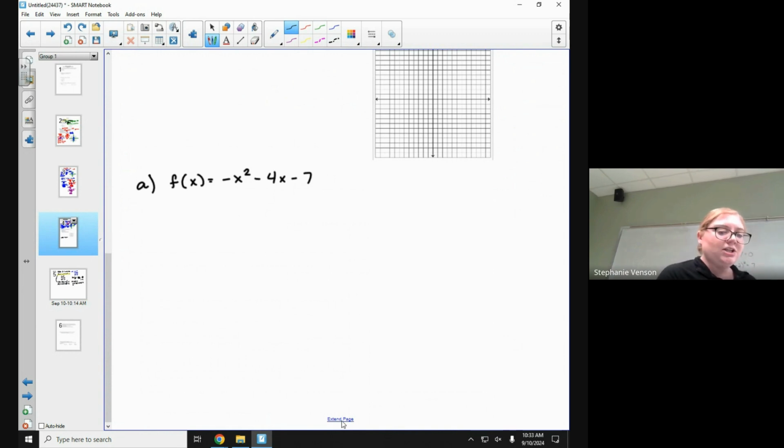Now I need to change that into vertex form, which is f of x equals a times (x minus h) squared plus k. What three values do I need to put something in vertex form? A, what else? H and k, very good.